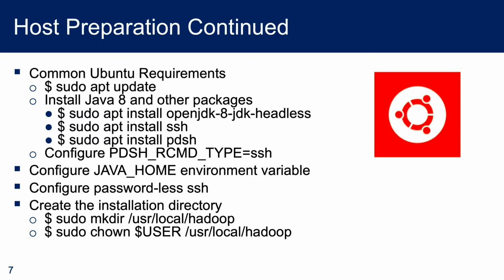We'll have to configure passwordless SSH. If you're using Windows, I will show you that in the Windows installation and then cover it again when we go over the common host preparation using Ubuntu. We'll have to create an installation directory and make sure that you are the owner of it so you can expand Hadoop there.